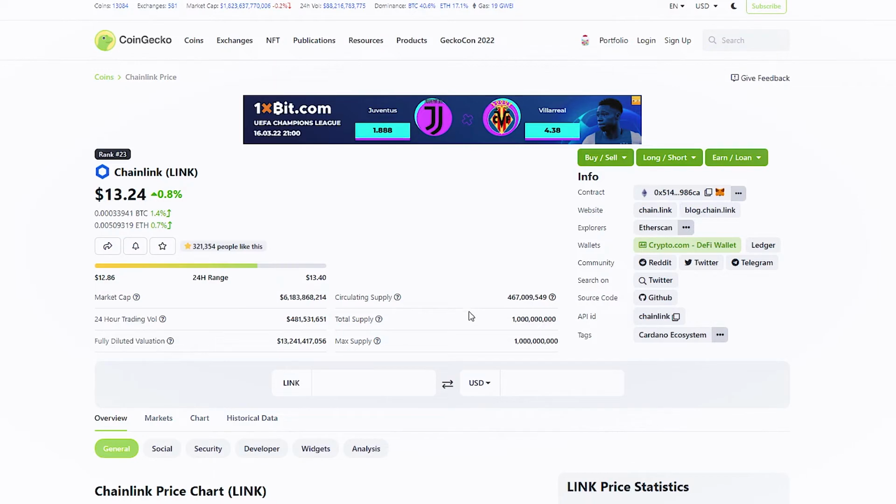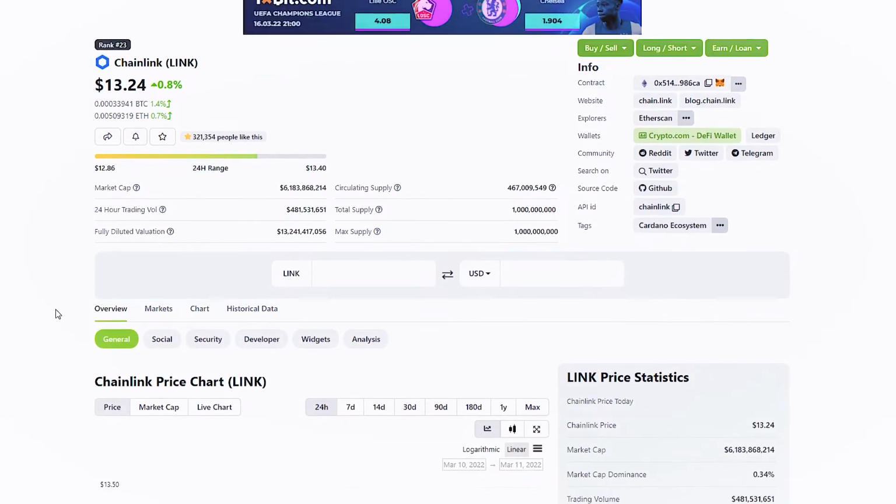So let us take a look at the Chainlink market data, shall we? The data here comes from CoinGecko. Currently, Link is trading at about 13.24 US dollars per Link. The current trading volume is at 480 million USD for the last 24 hours. It also had an all-time high of almost 53 US dollars about 10 months ago.